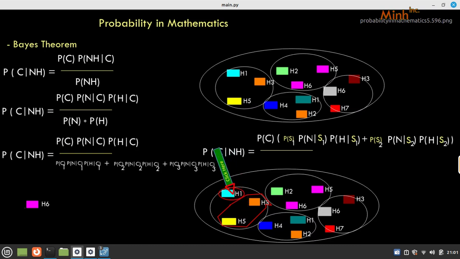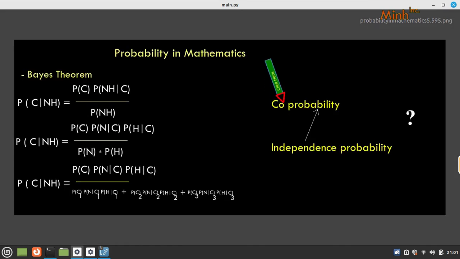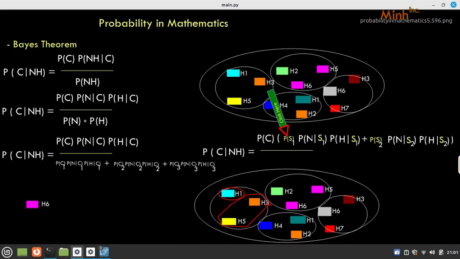Whatever data we push to make the class learn, we can push in batches rather than individually. If we push in batches, then computation is more localized. If it is more localized, then we move from the independence probability towards the coexistence of the probability. So it is more realistic.